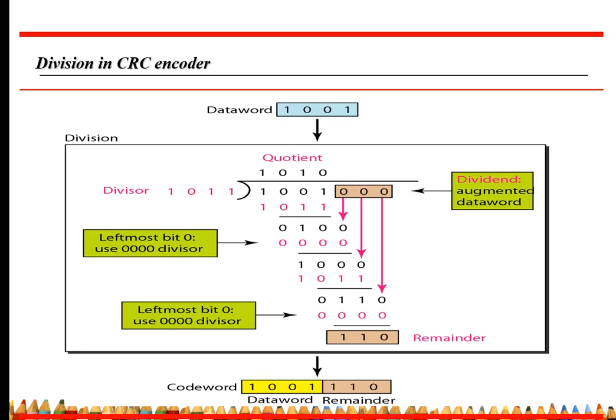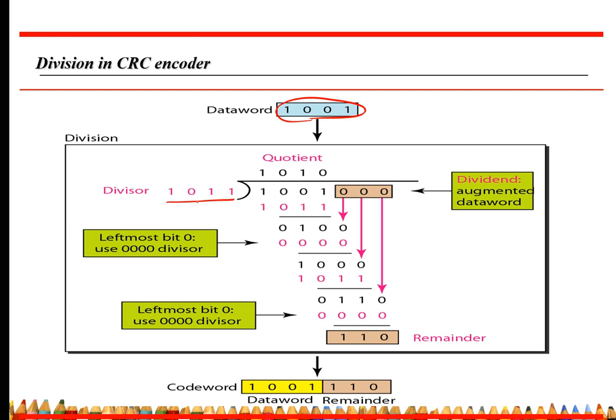A CRC code can be generated. For example, say the data was 101, and then we have a divisor, which is the code generation function, and then we check the quotient and the remainder. For example, how can we divide 1001 with the divisor 1011?